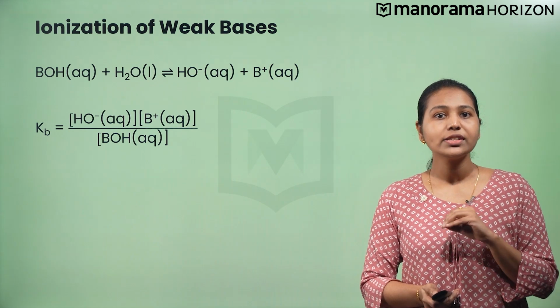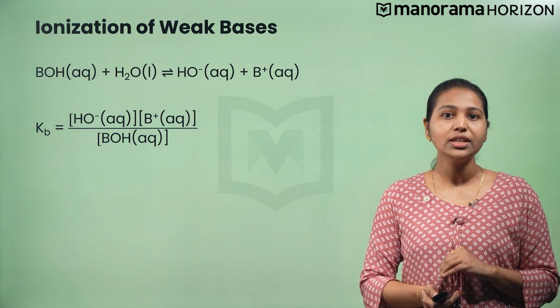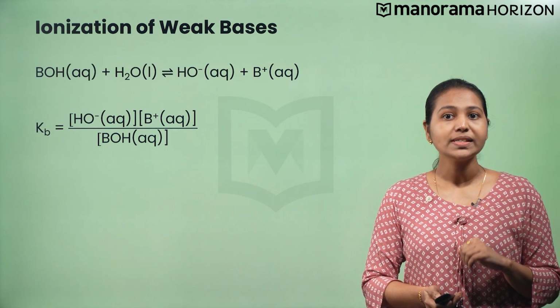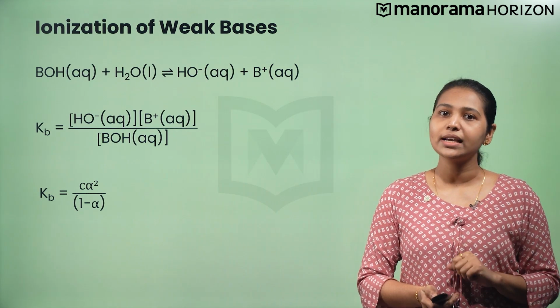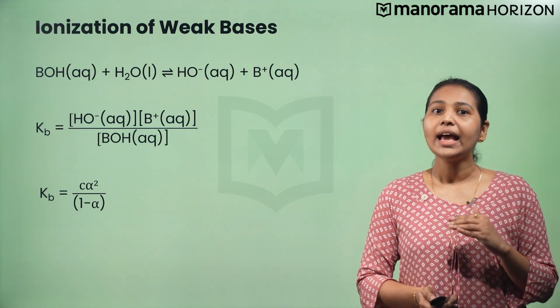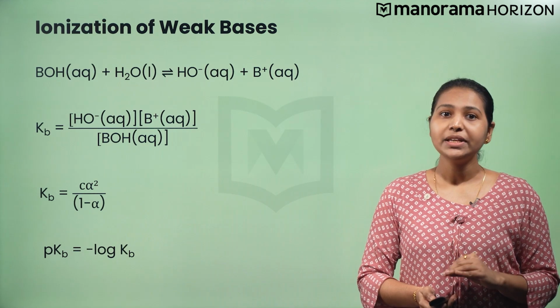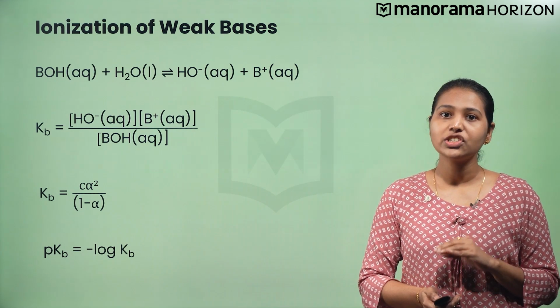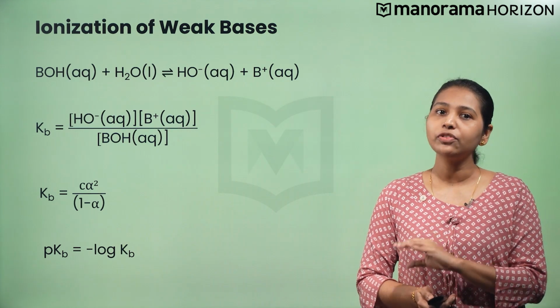If the initial concentration of the base were C moles per liter and its degree of dissociation alpha, then you may express Kb as C alpha squared divided by (1 minus alpha). Similar to Ka, Kb is very small and is expressed in logarithmic scale as pKb, equal to negative logarithm of Kb.